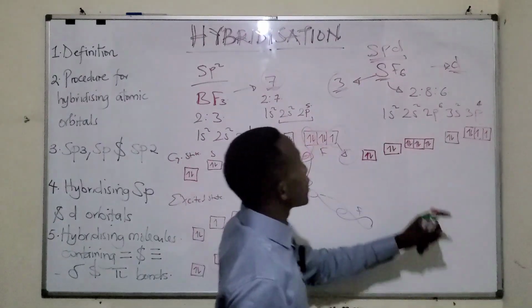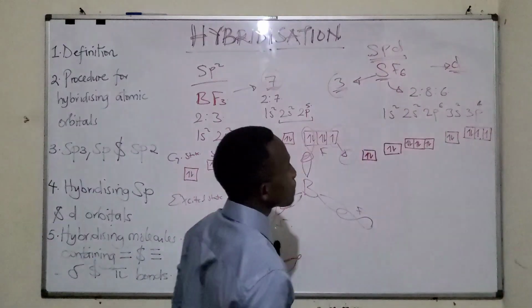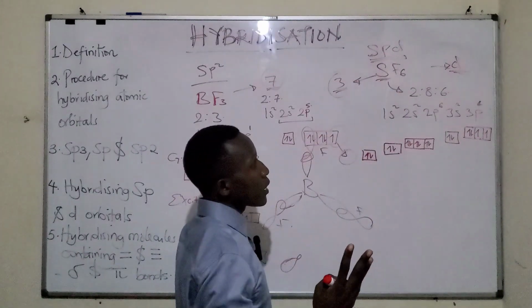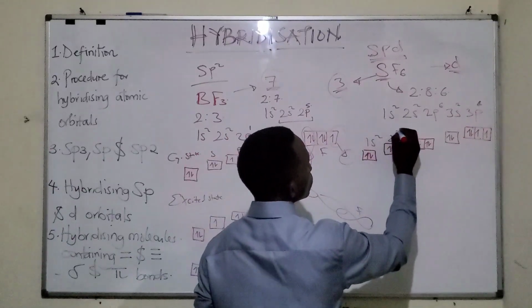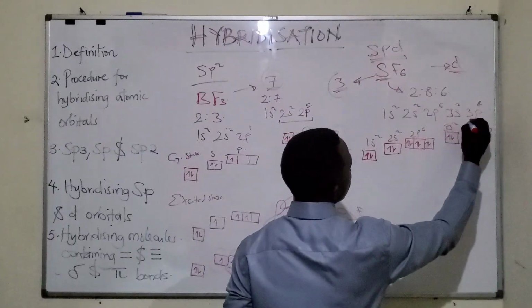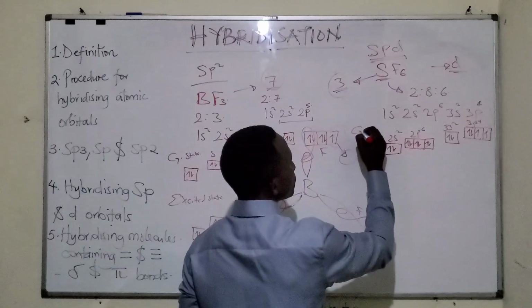We have only 2, and we need 6 to react with fluorine, meaning that we need to make other 4 electrons to be unpaired. So this is the ground state.